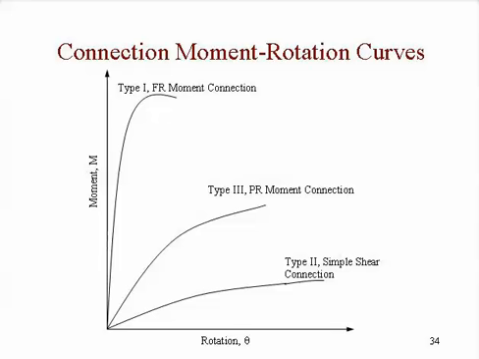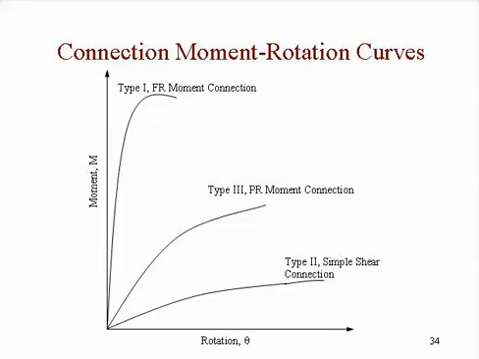Probably there will be some rotation. But the model that we use is this straight line, right? We're assuming that there is 0 rotation no matter what the moment is. At the other end, we've got a curve that looks something like this. And we might call that a simple connection.